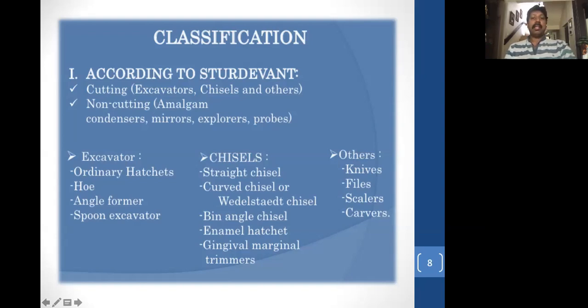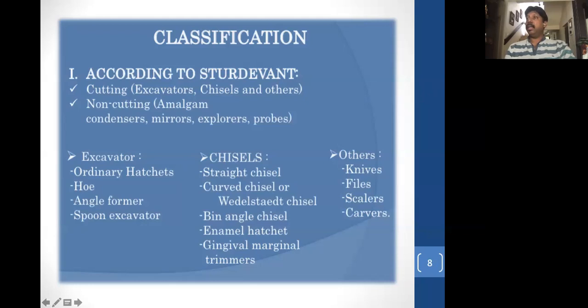Amalgam condensers don't have cutting efficiency; they have striations and they condense. Are mirrors cutting? No. Explorers, do they have cutting efficiency? No. Probes, they don't cut. Excavators cut, because excavators have a sharp edge, so you can scrape it out. Chisels cut. So this is how the division is: cutting and non-cutting.